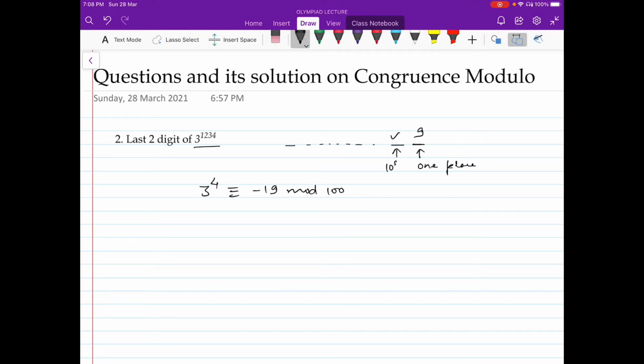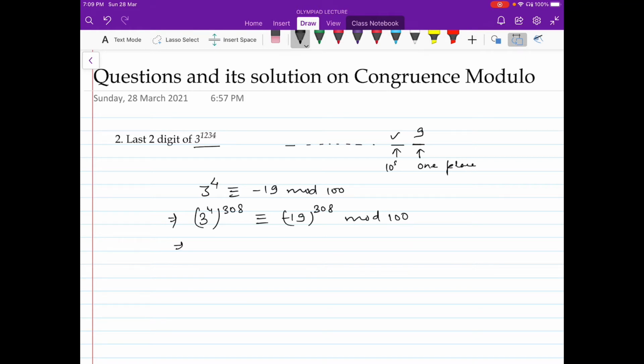So just raise the power: 3 to the power 4 to the power 308 is equivalent to minus 19 to the power 308 mod 100.